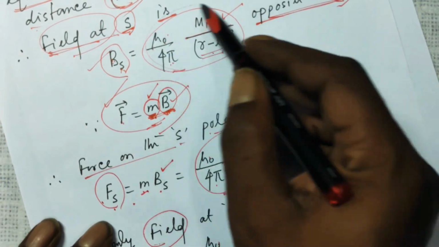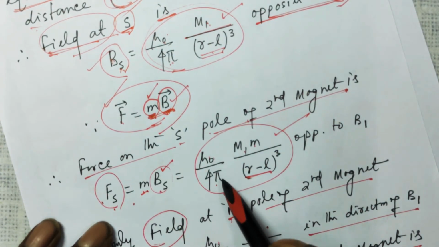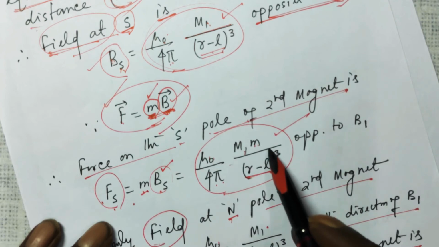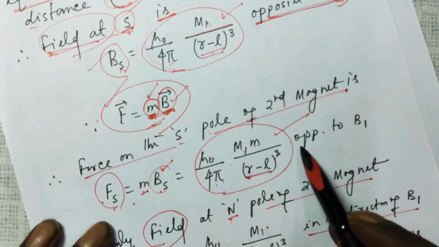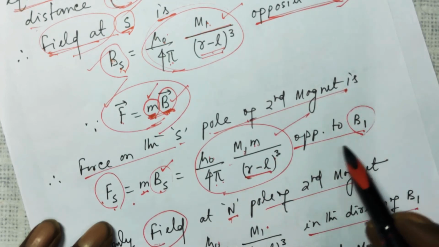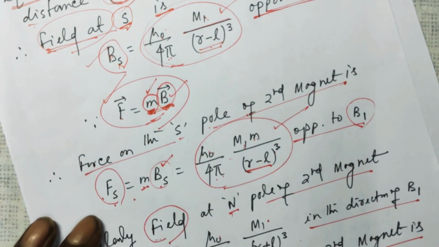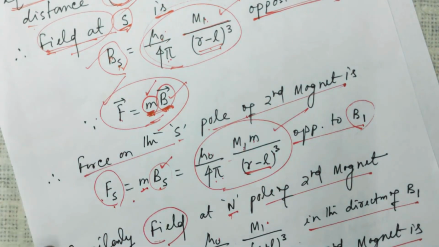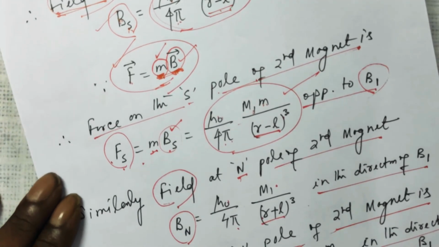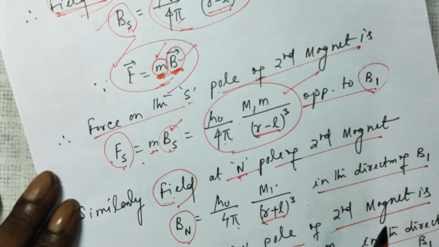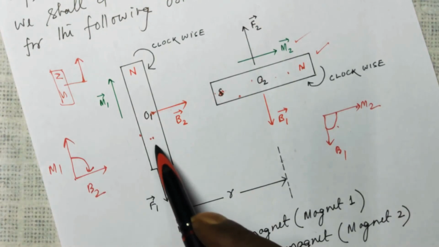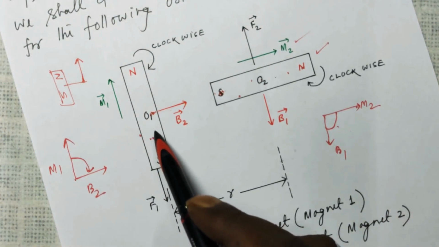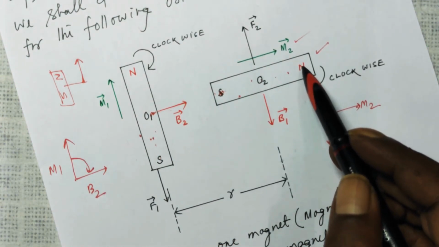So putting this value here, it becomes mu naught over 4 pi, M1 small m over (R minus L) whole cube. And it will be opposite to B1, in the direction of BS. Similarly, the field at the North Pole. Now, due to this bar magnet, what will be the magnetic field at the North Pole of the second magnet?